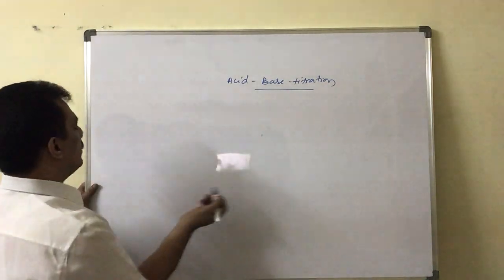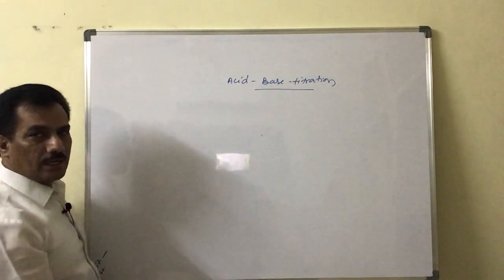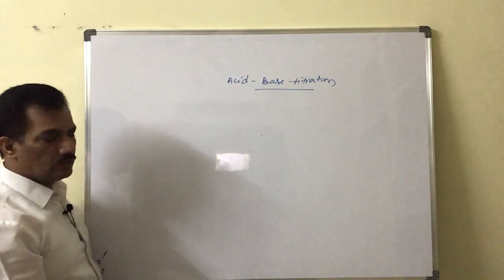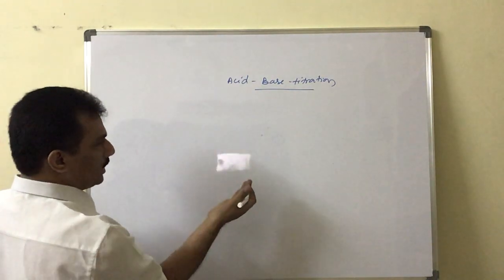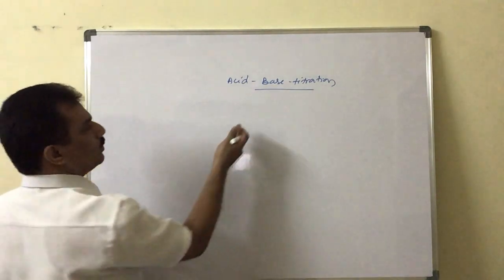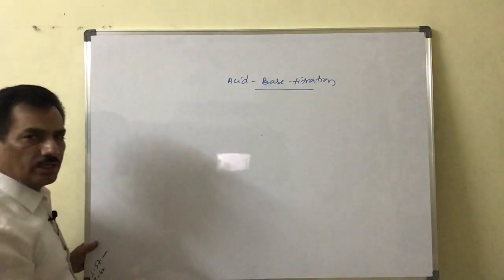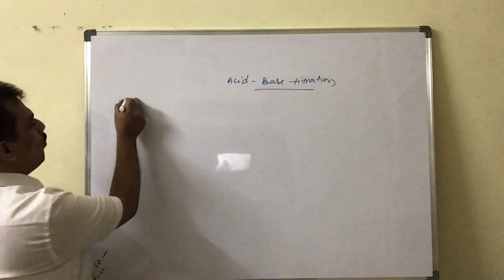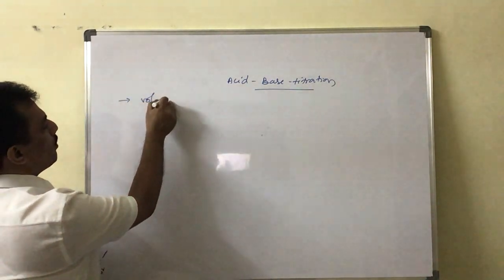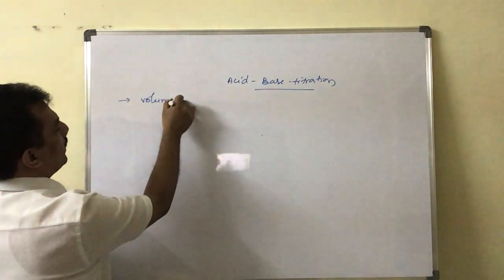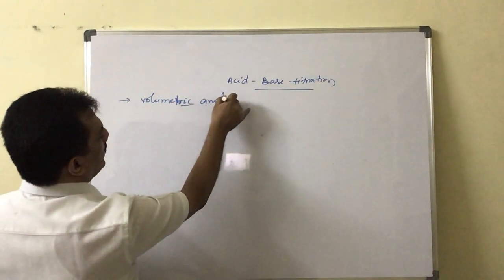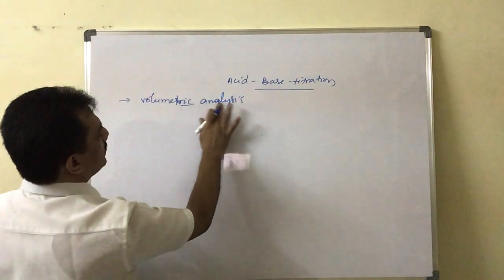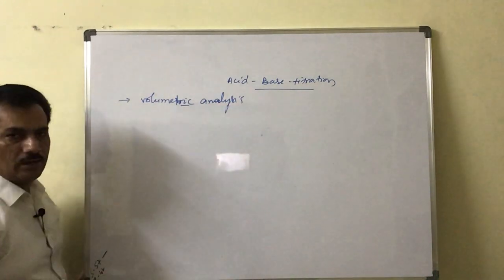Here is how it is conducted; it has practical importance for neutralization. These reactions, that is the practical experiments related to acid-base titrations or redox titrations, are known as volumetric analysis. Remember, volumetric analysis is the titration-related analysis, that is, concentration-related analysis.